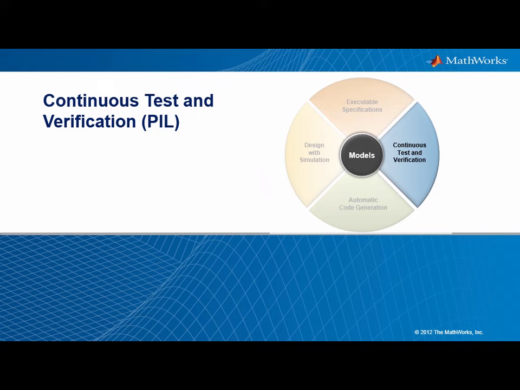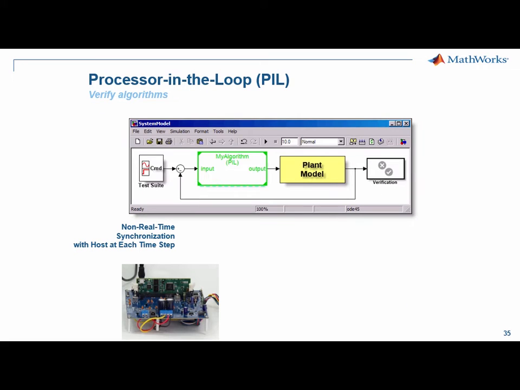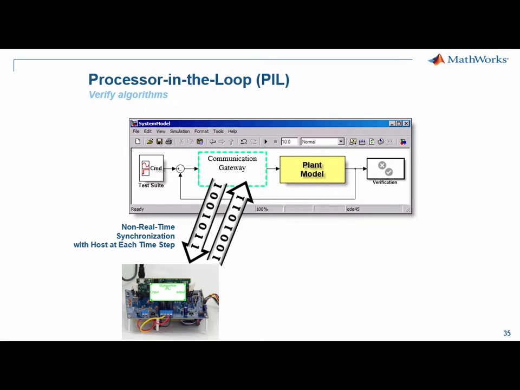By this, we can refer back to that block diagram I showed earlier, and what will happen during a PIL test is you would hit the simulate button, and the algorithm would go from the Simulink model as generated code into your embedded processor, and as long as you've connected your embedded processor back to your host, perhaps using a serial device, you can automatically, during the simulation, download the test cases from the Simulink model, run them on your embedded hardware for a single loop, and then bring the outputs back from your embedded algorithm to Simulink for interaction with your closed-loop plant model.